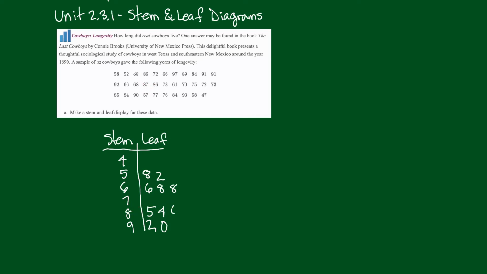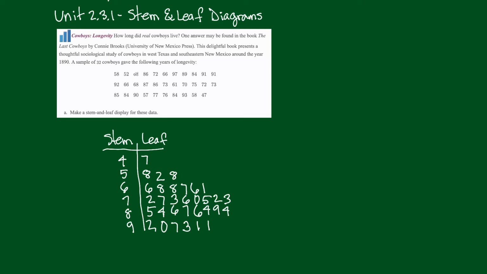So a 6 in the third column, a 7 in that fourth column, and then what did we say? 57. So go to the 5 and put a 7. All right, I'm going to finish it off. So what do we have here? We have one cowboy lived 47 years, and in our group we had 3 cowboys living to 58, 52, and 58.